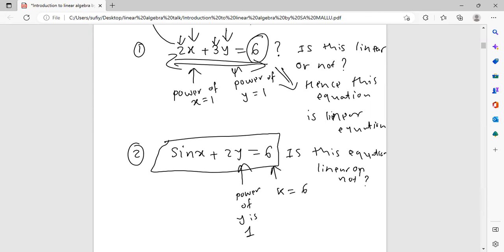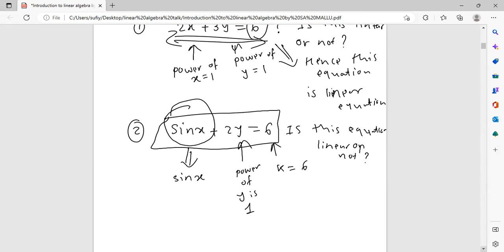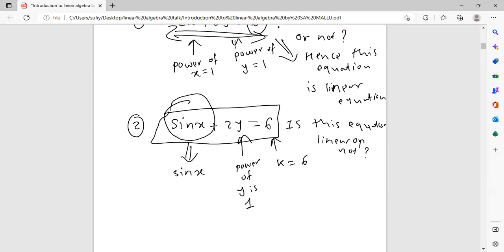However, the problem is this x. Remember, the x here is not a variable, it is a function now. We have the function sine of x. Am I right? It's no longer a variable, okay? So because of this, x is not a variable here, and in particular it does not even have a power 1.